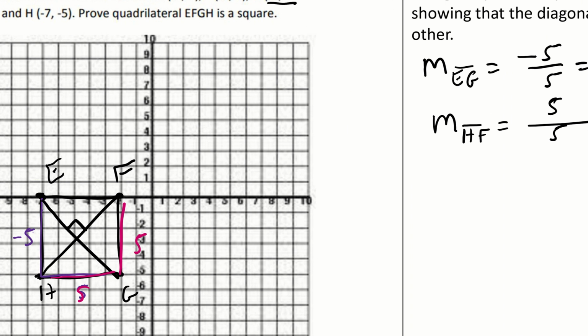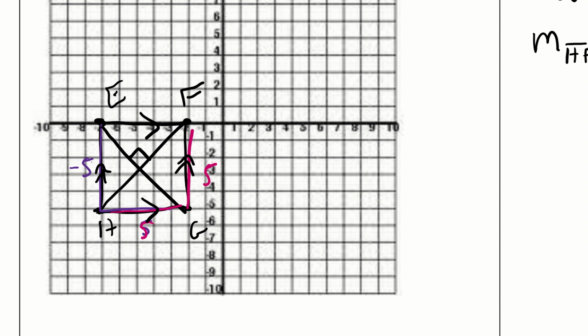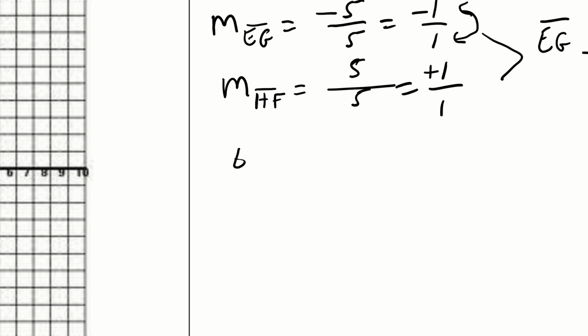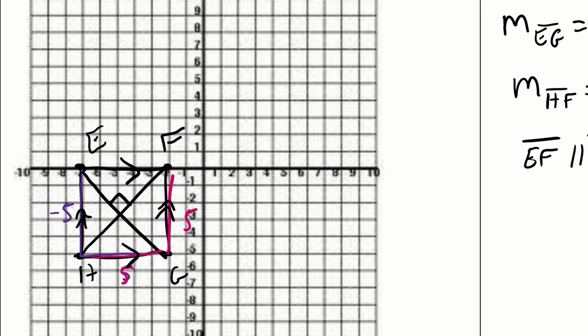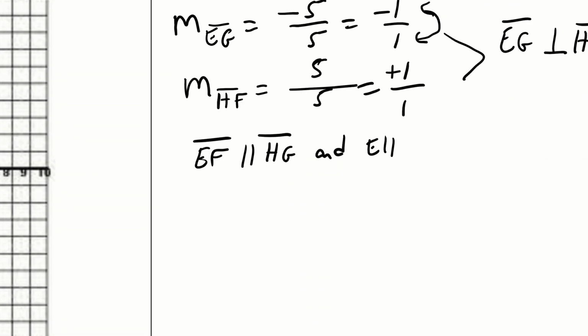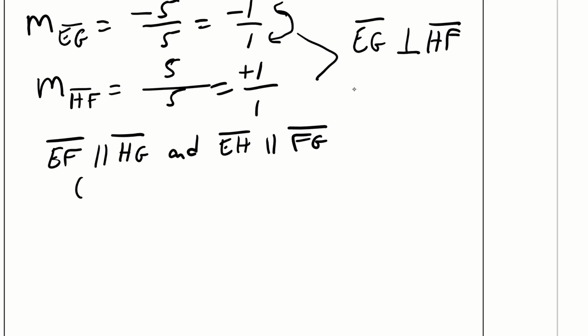It's easy to tell because we can see that EF is parallel to HG and EH is parallel to FG, because they're vertical and horizontal lines.